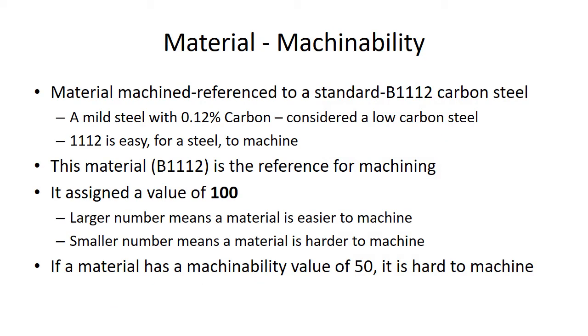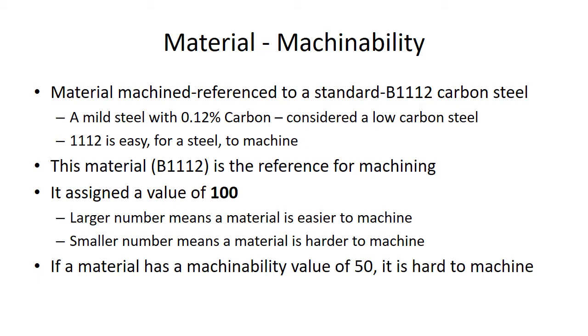Now, one of the other key parts is machinability. In the mid to late 1800s, they really were trying to establish how to make consistent steel, particularly for the railroads, because you wanted to have consistent railroad tracks.